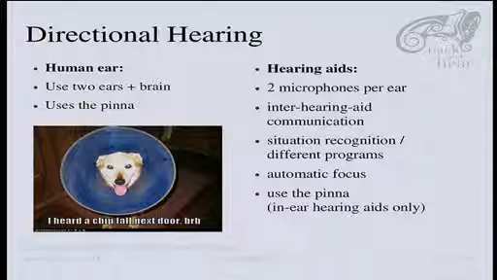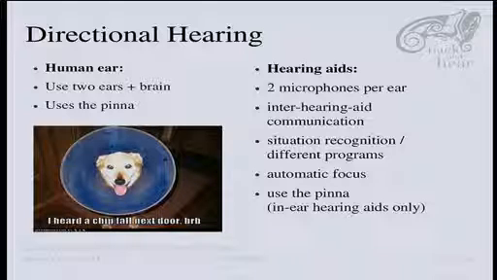And this is why both hearing aids have two microphones. So you have four microphones in total when you have hearing impairment on both ears. This way they can detect if the sound comes from front or back. And they talk to each other, so they can also detect if the source of the signal is to your right or left.